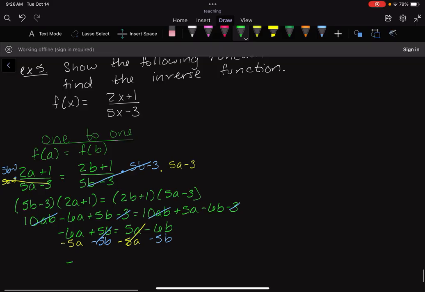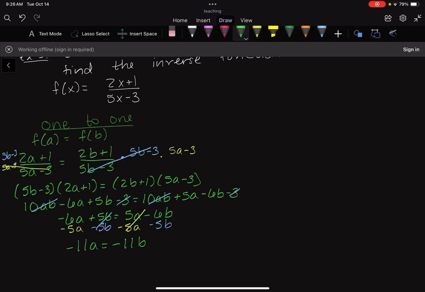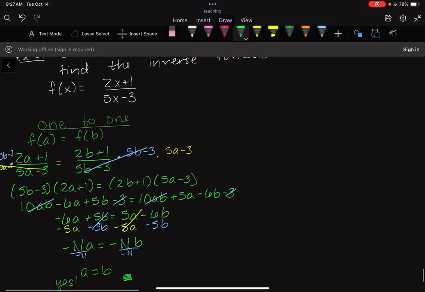This gives me negative 11a equals negative 11b. Divide by negative 11, and I'm left with a equals b. And so we're done. So yes, they are one-to-one. And we used our algebra to show that.